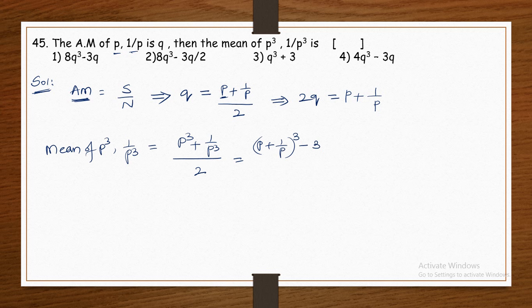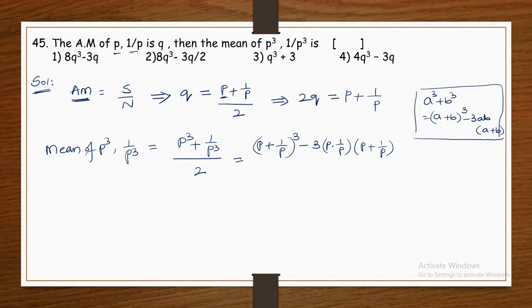Already we know a cube plus b cube can be written as a plus b whole cube minus 3ab into a plus b. So this is the formula which we are going to use here. So p cube plus 1 by p cube can be written as p plus 1 by p whole cube minus 3 times p into 1 by p into p plus 1 by p, whole divided by 2.